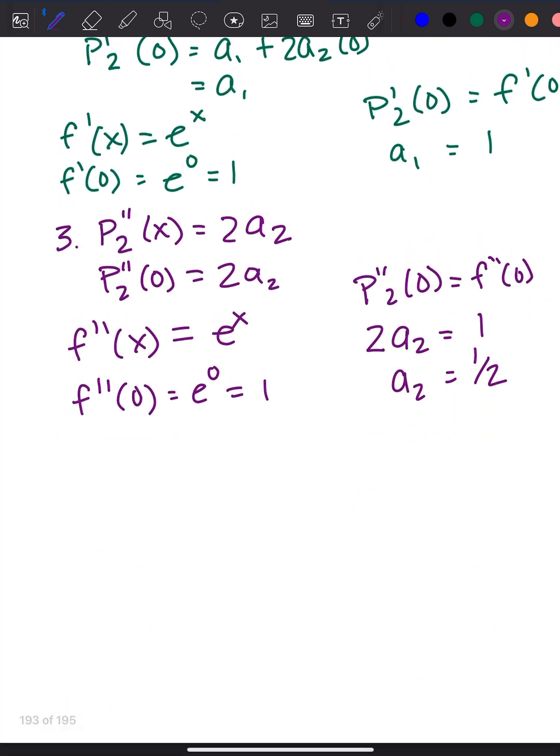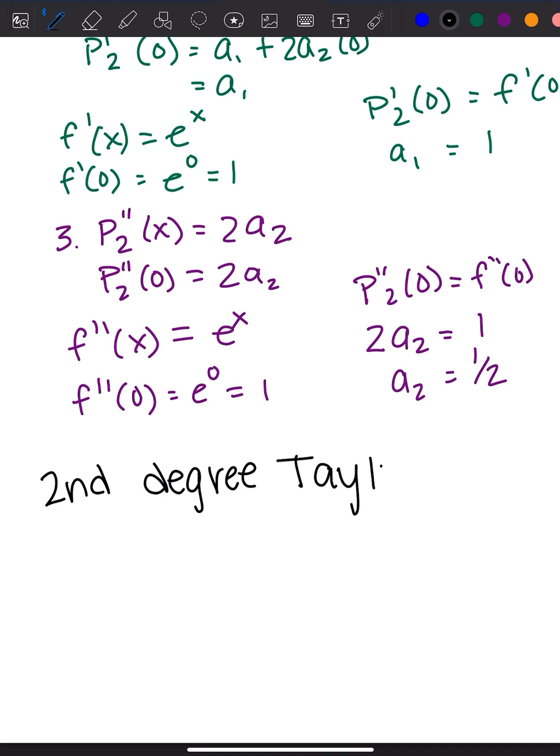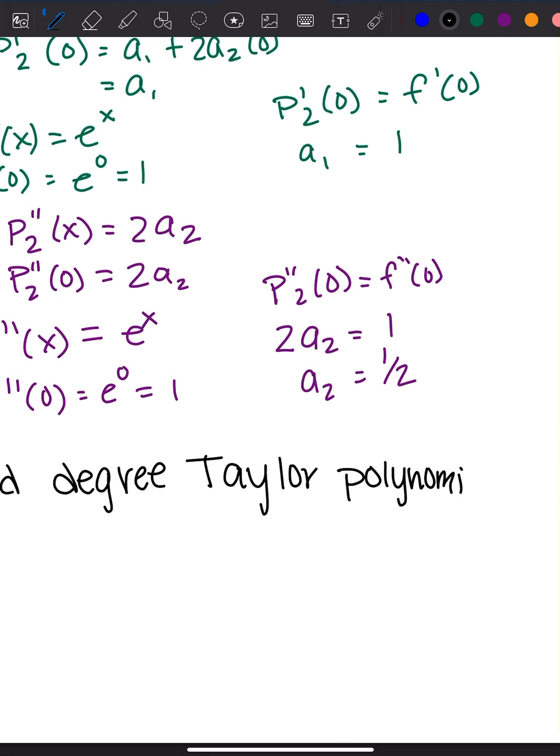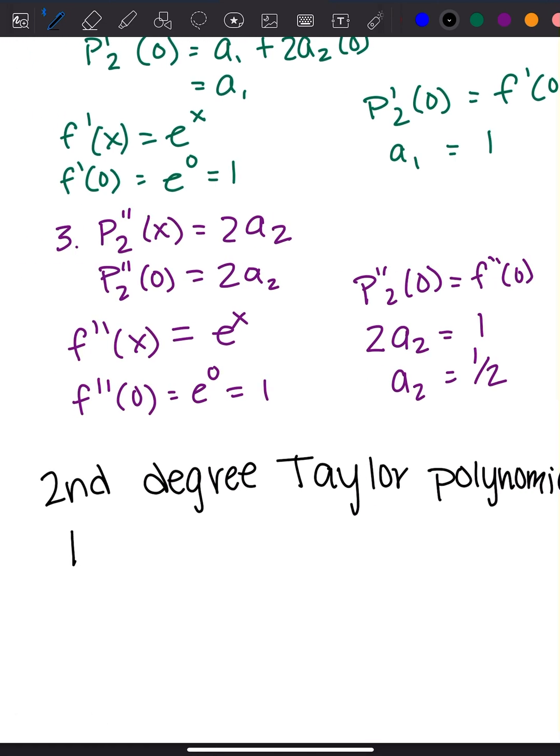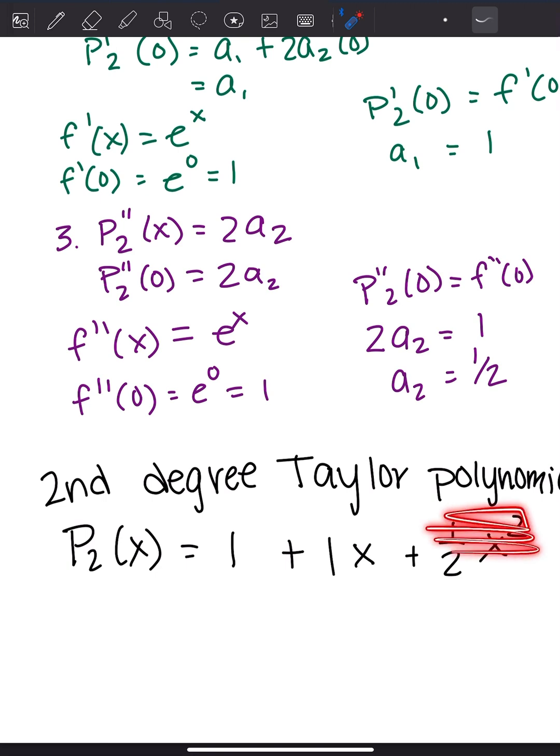So our second degree Taylor polynomial is p sub 2 of x equals a sub 0, which we know is 1, plus a sub 1 times x plus a sub 2 times x squared. You're going to notice our first degree Taylor polynomial is already there. We have now just added another term.